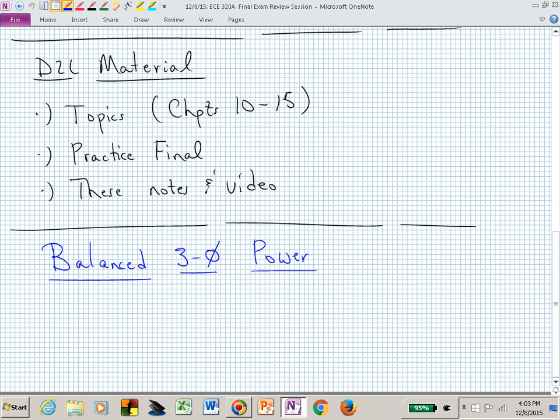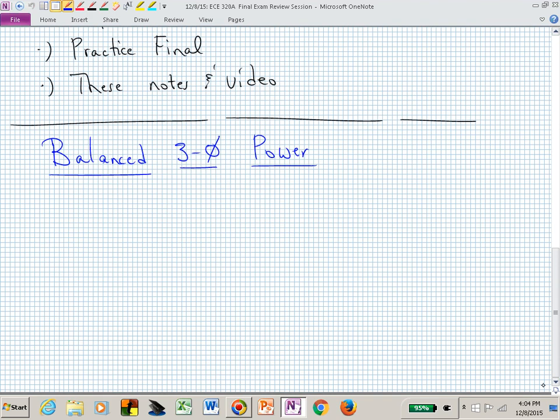Based on feedback, you want to do more than what's shown here when I'm asking you a balanced 3-phase power problem or question. You want to give me more than just a blank piece of paper. Let's say that we now have a balanced 3-phase source.